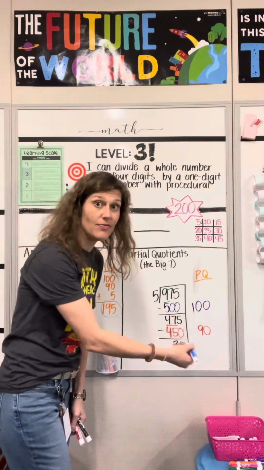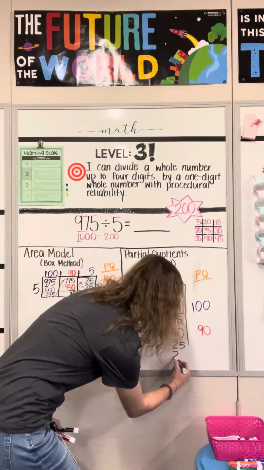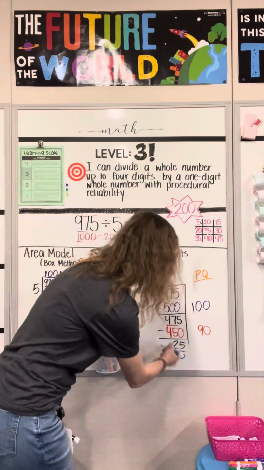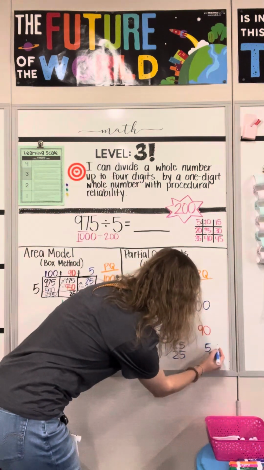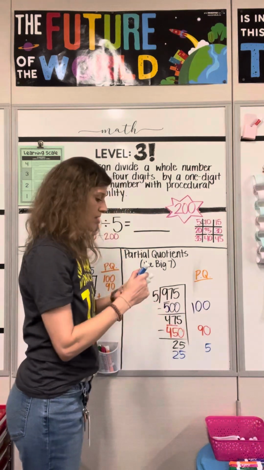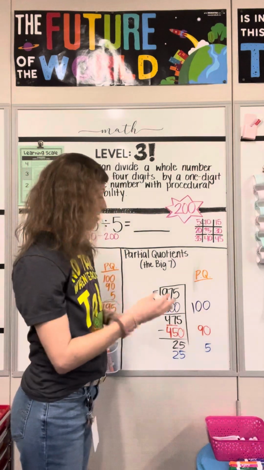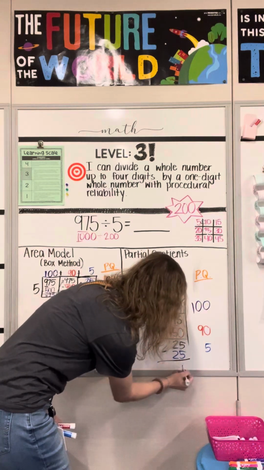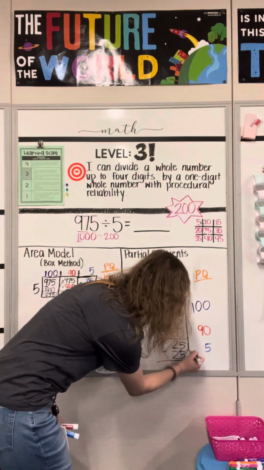So since it does go evenly, we're going to go ahead and write our 25 down. It is in the ones place, so we don't have to use any 0 place value holders. So that is 5. We're going to put that there. And then we are going to subtract those 5 groups of 5 away from that 25, giving us no remainder.